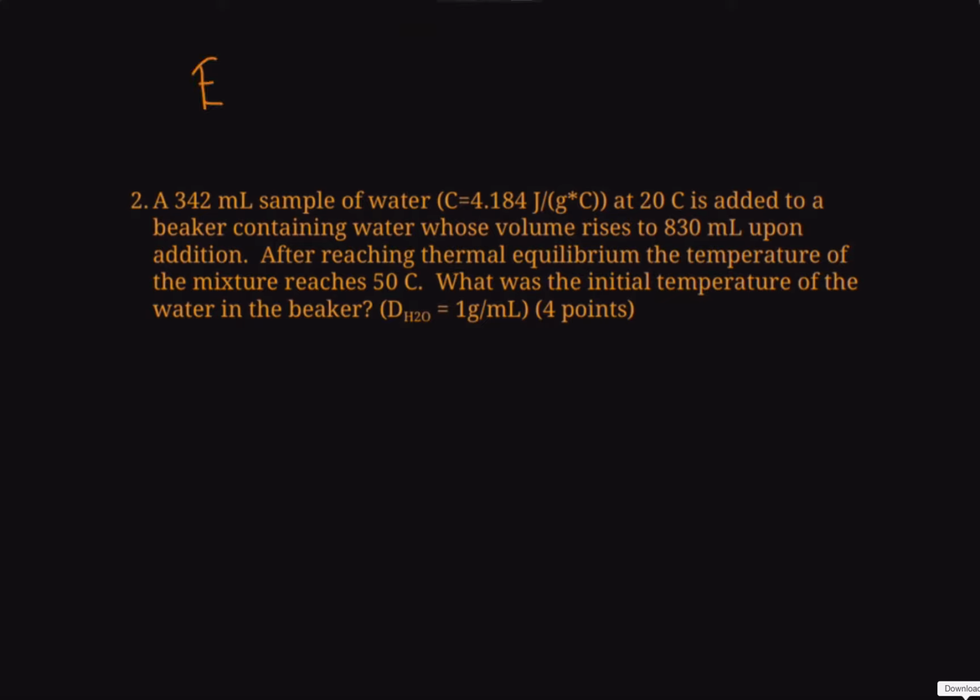So I'm going to write that as E total equals the energy of sample 1 plus the energy of sample 2. And just for the purposes of the problem, we'll call sample 1 the sample that's in the beaker, and sample 2 the sample that we add.